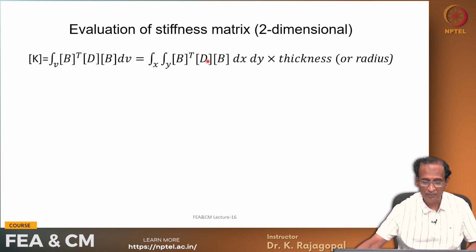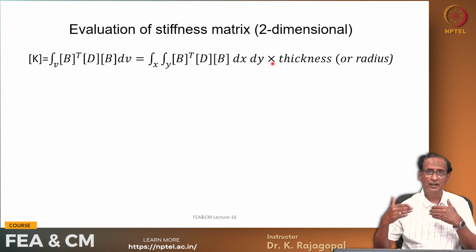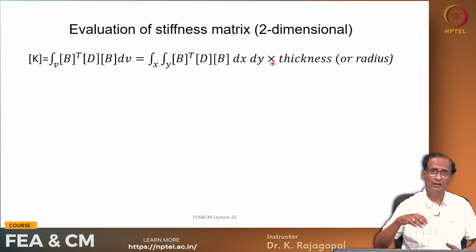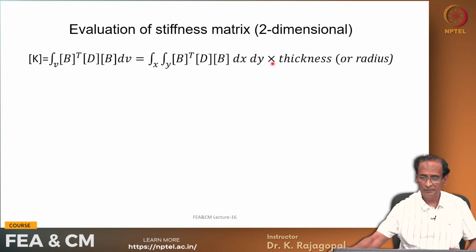So, we have B transpose D B dx dy multiplied by thickness. In the case of plane stress and plane strain, we have the thickness, and in the case of axisymmetry we will have the radius. So, here it is thickness or radius, that will give you the incremental volume.